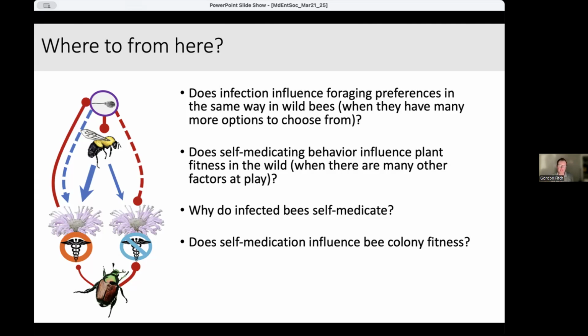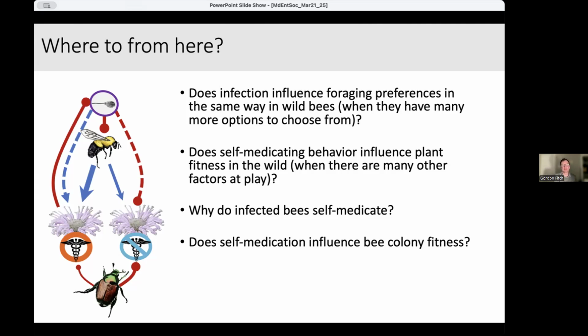So at least for this common eastern bumblebee that I'm talking about, sunflower pollen seems to be a really effective medicine against the Crithidia bombi parasite. They don't seem to be actively choosing sunflower, but nevertheless, if sunflowers are in the landscape, bees are collecting it because it's a rich source of pollen for their nutritional purposes.